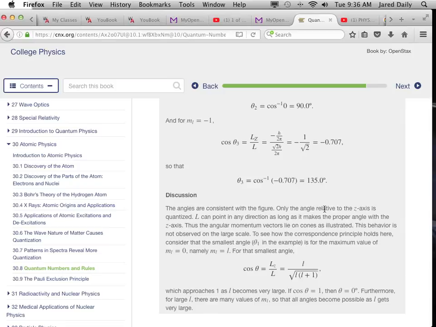So let's talk about hydrogen or hydrogen-like atoms, hydrogen or things that are like hydrogen. When you say that things are like hydrogen, it means that it's an atom that is missing all of its electrons except one. So if you have tungsten that's hydrogen-like, normally tungsten has 74 electrons in it.